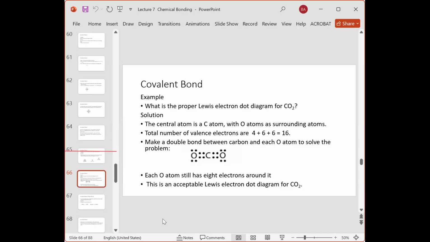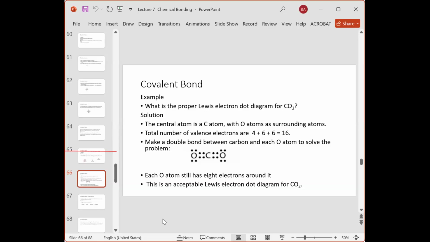Like I said, this is not obvious when you get it. So how are we going to satisfy them? You have 16 electrons; carbon has a valence of 4. Oxygen has how many? 6, 6. So if you put 2 here and 2 here, and then on oxygen you put 2 and 2, then the rest of them you just have to bond between carbon and oxygen. Put 2 here, another 2 here.